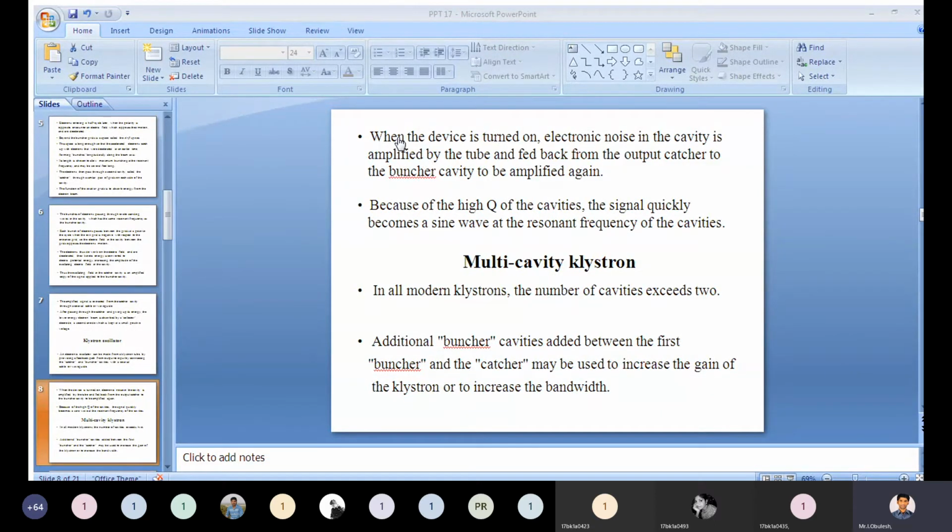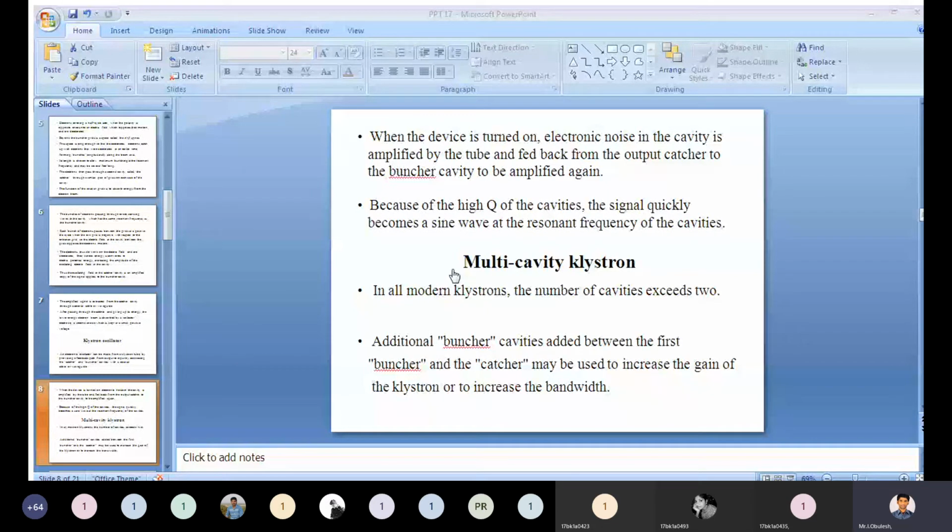The formation of these electron bunches takes place in the drift space between the reflector and the cavity. The voltage on the reflector must be adjusted so that the bunching is at a maximum as the electron beam re-enters the resonant cavity.